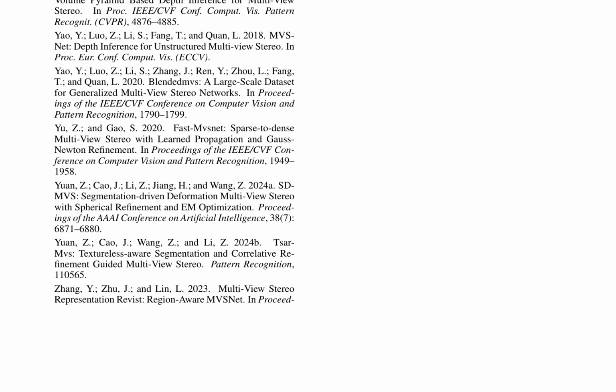Furthermore, Yuan et al. 2024a, 2024b, explore segmentation-driven deformation MVS with spherical refinement and M-optimization, as well as textureless-aware segmentation and correlative refinement-guided MVS. These approaches aim to address challenges such as textureless regions and varying lighting conditions.